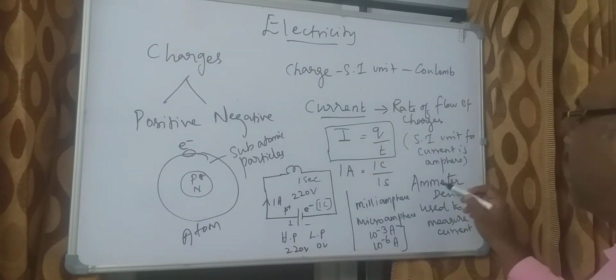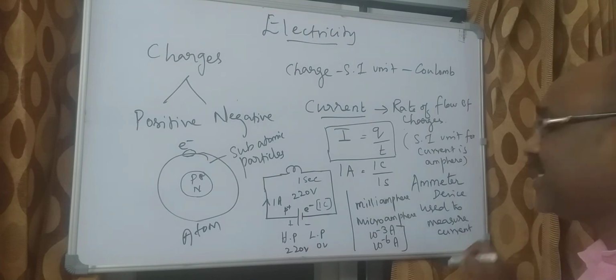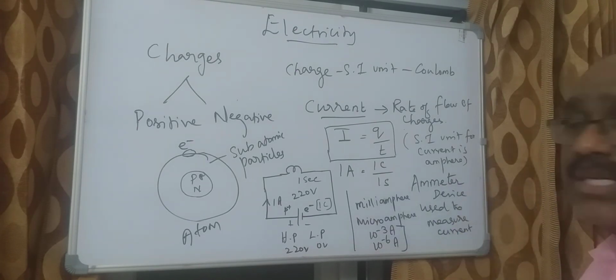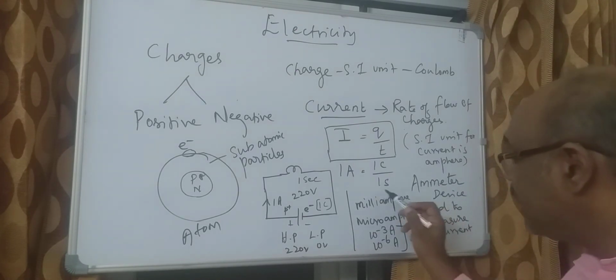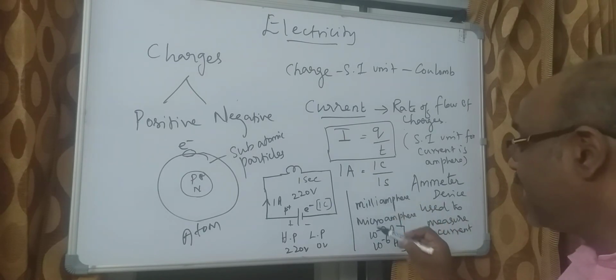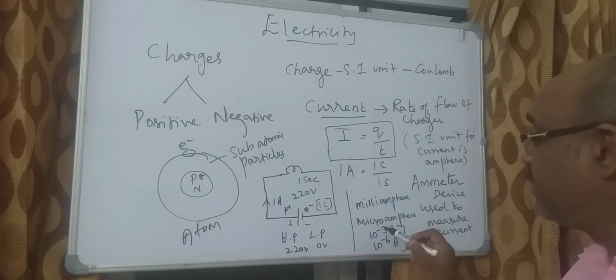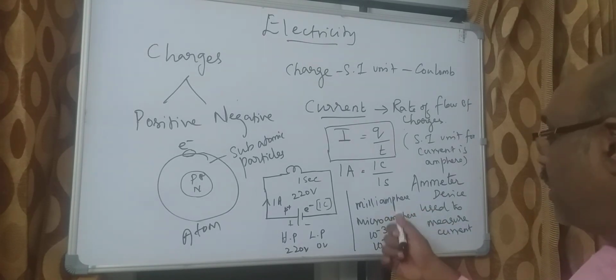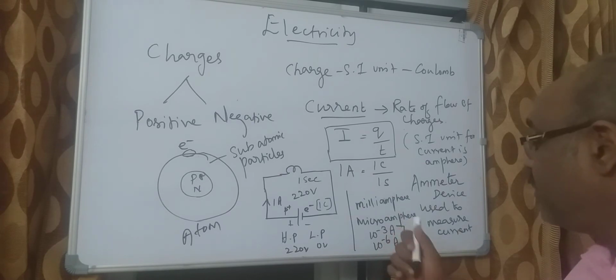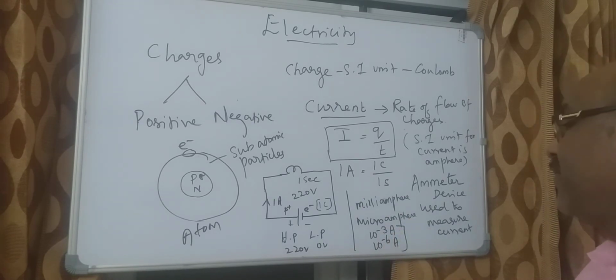Also, the device which is used to measure the current is an ammeter, and the lowest measurements that can be taken from the circuit are milliampere and microampere, where milliampere is 10 to the power minus 3 ampere and microampere is 10 to the power minus 6 ampere.